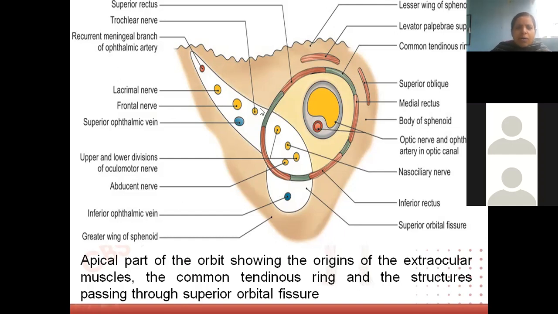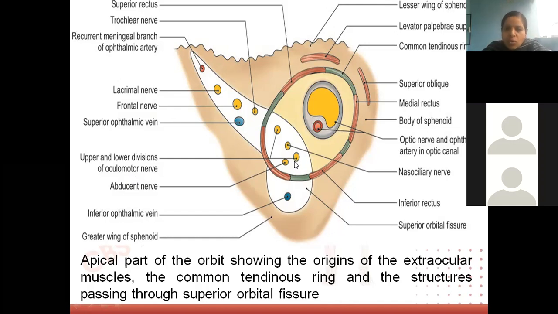The fourth is trochlear. The fifth is trigeminal, not directly but through its branches, like nasociliary. If you can't remember nasociliary, you can write branches of trigeminal, which is the fifth cranial nerve. The sixth is abducent, and the third one is oculomotor. 3, 4, 5, 6 you write.